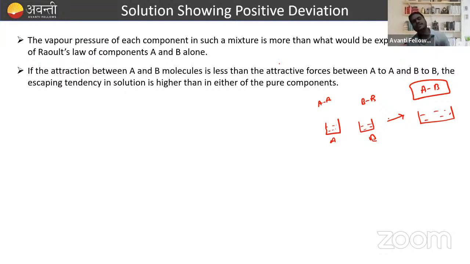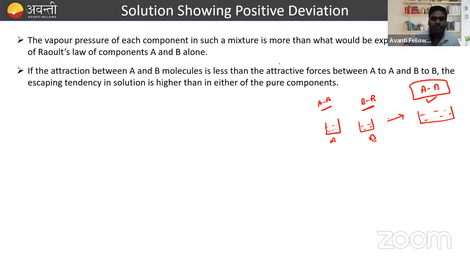So if the force of attraction between the solute and the force of attraction between the solvent is much more as compared to the force of attraction between solute and solvent, or in other words, if the force of attraction between the solute and solvent is less as compared to solute-solute and solvent-solvent, then escaping tendency in solution is higher as compared to the pure component, like solute or solvent.